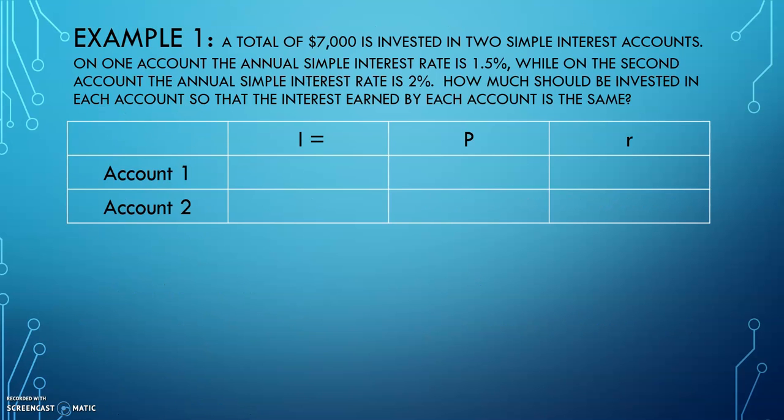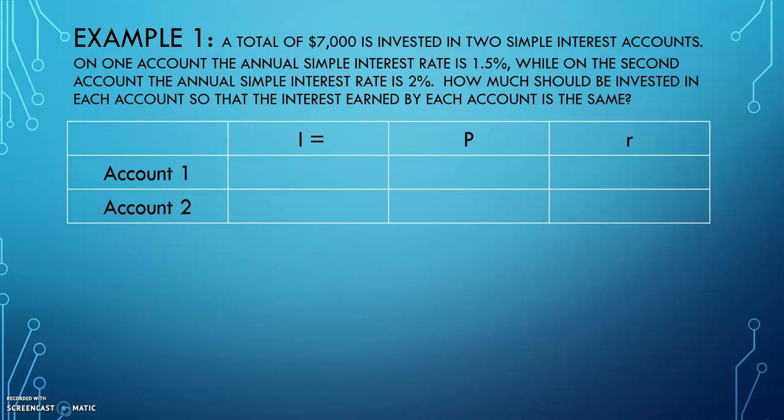A total of $7,000 is invested in two simple interest accounts. On one account, the annual simple interest rate is 1.5%, while on the second account, the annual simple interest rate is 2%. How much should be invested in each account so that the interest earned by each account is the same?